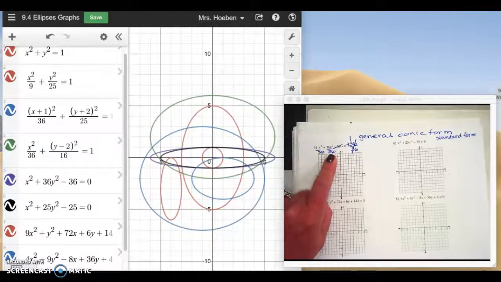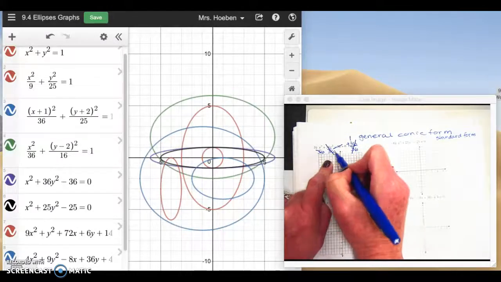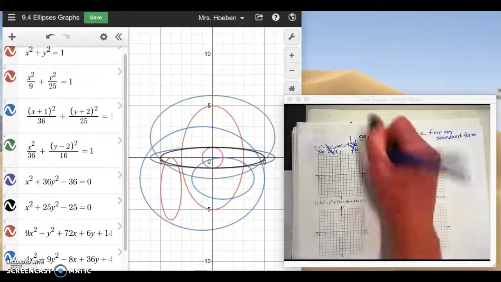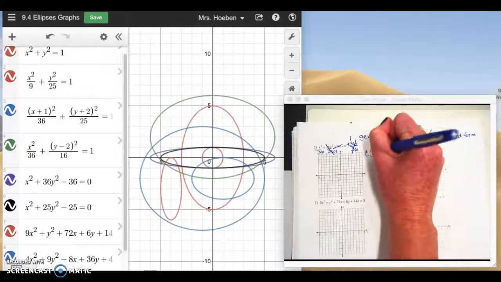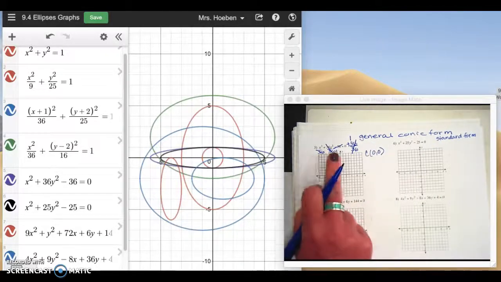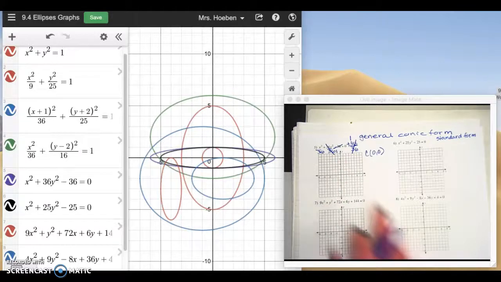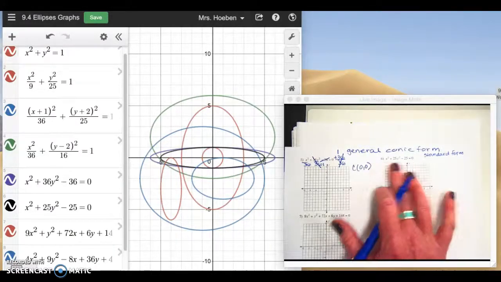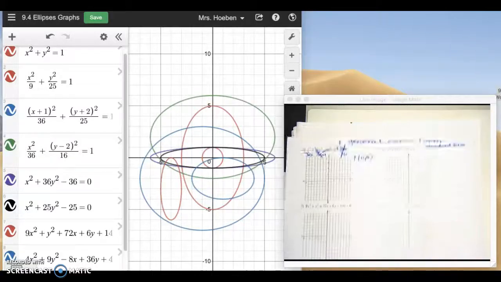And on this term, the 36's will cancel, so you'll have a 1 in that denominator as well. Okay? So this one is actually centered at 0, 0. And you stretch this way 6 units. You stretch the other way 1 unit. You guys see how that one's going to go? Okay? Same thing with number 6. Add the 25, divide everything by 25, and that one's fairly easy.